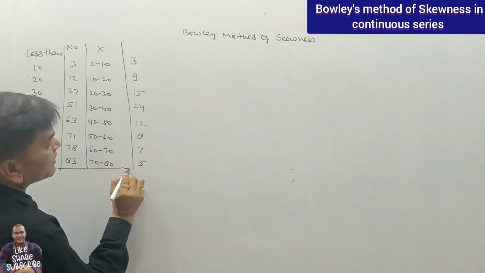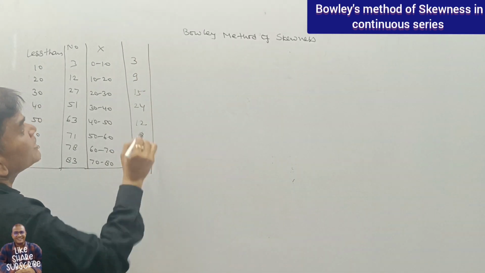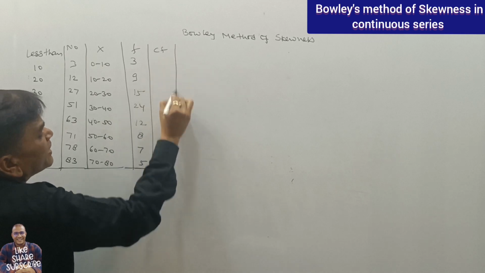So these are the frequencies. First we calculate the frequency, then the CF is already given.